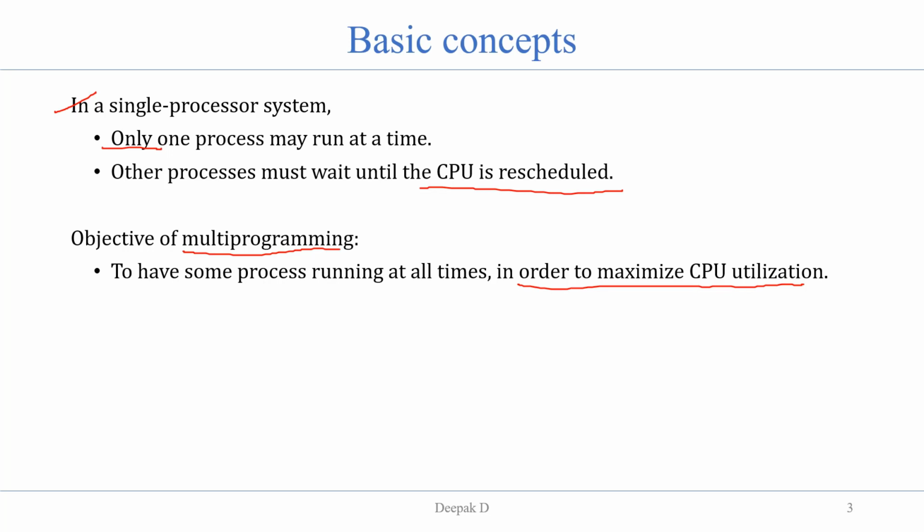This pattern will continue. Every time one process has to wait, another process can take over and make use of the CPU. This is the objective behind multiprogramming with respect to CPU utilization.